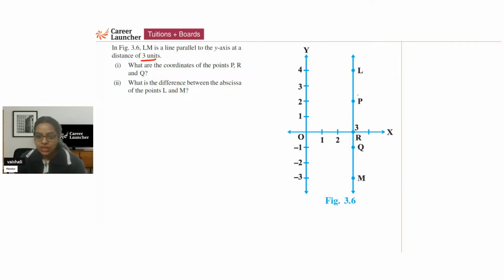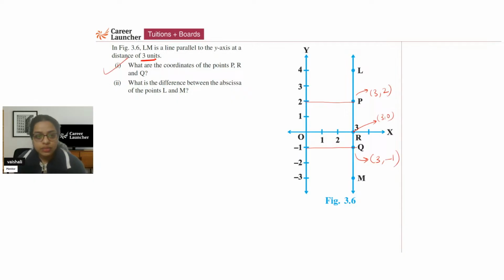Okay, so let's quickly see point P. The corresponding x coordinate is 3 and the corresponding y coordinate is 2. So the point P is nothing but 3, 2. Now what about R? R is a point which is lying on the x-axis, so you will say it is going to be 3, 0. Point Q is what? The corresponding x coordinate is 3 and the corresponding y coordinate is -1. So we are done with the first part.